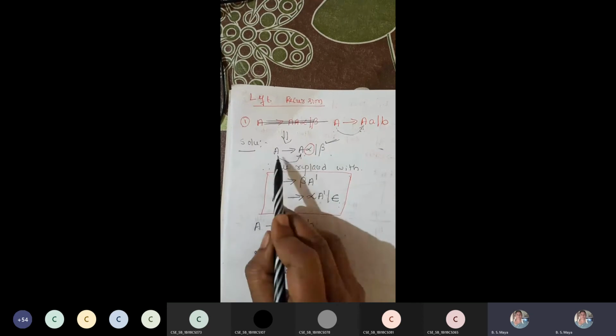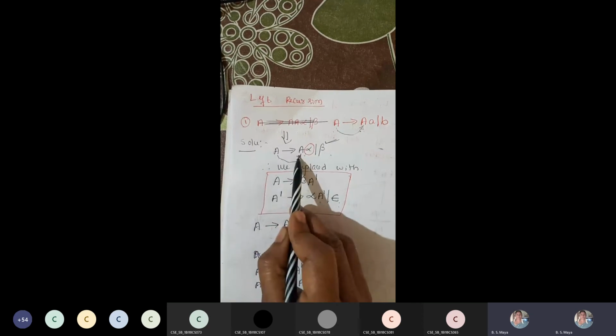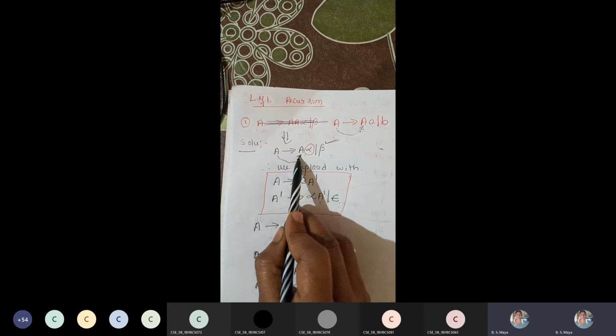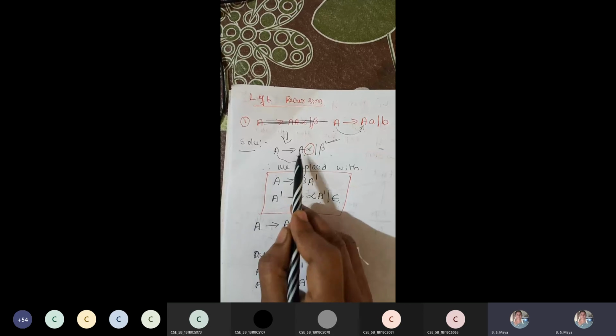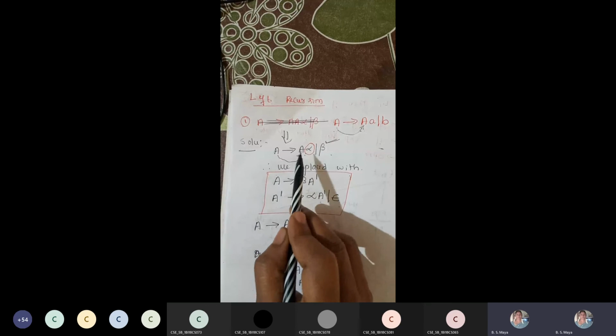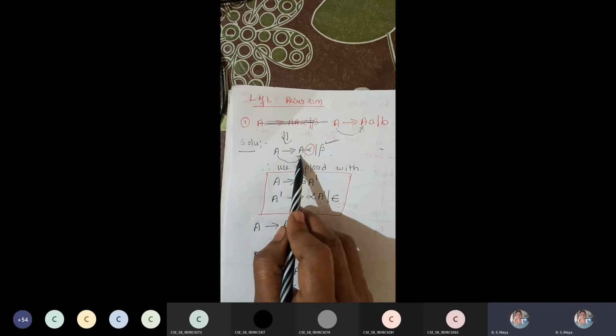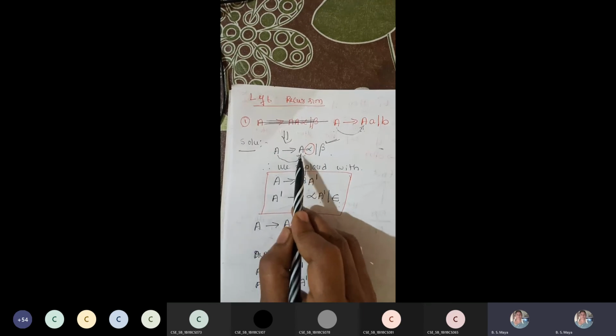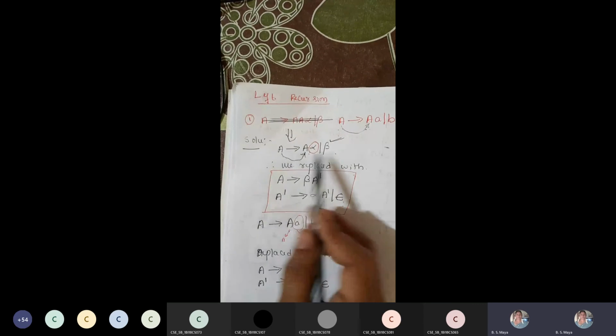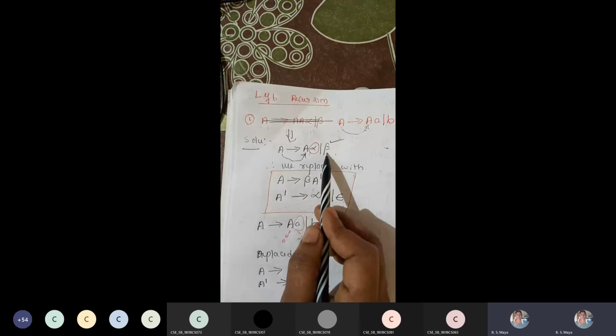Then the grammar looks like left recursion. Next, what I am writing should not start with the same symbol A, because if it starts with A again, it will look like left recursion only. I have to start with some other symbol. This beta you are seeing: beta should not have A, only beta should be there.